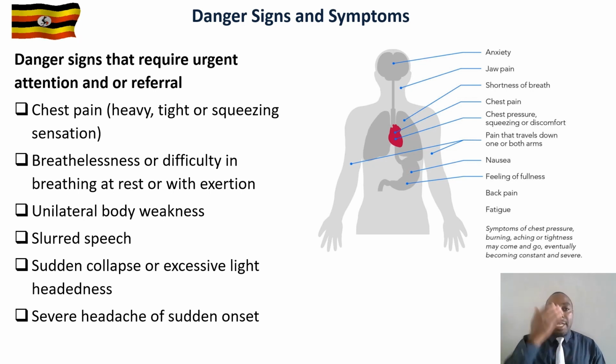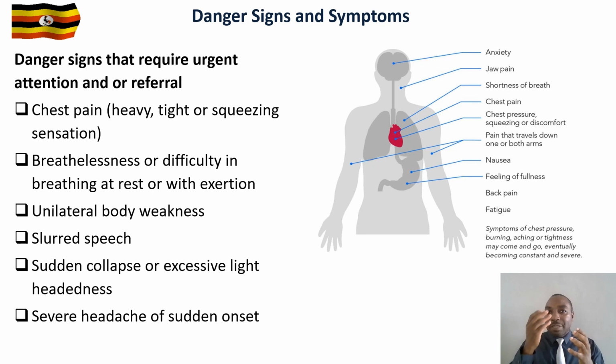They might get unilateral body weakness when they're getting a stroke, usually preceded with headache and other symptoms like slurred speech. They might get lightheadedness. And in some cases, before the strokes happen, people tend to get transient ischemic episodes. A tiny blood vessel gets blocked and then unblocked.